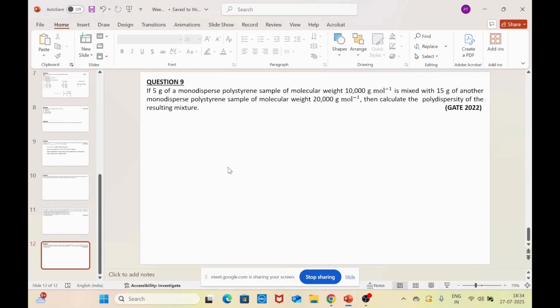If 5 gram of a monodisperse polystyrene sample of molecular weight 10,000 gram per mole is mixed with 15 gram of another monodisperse polystyrene sample of molecular weight 20,000, calculate the polydispersity of the resulting mixture. Take a few minutes to think over it and then let us discuss this.